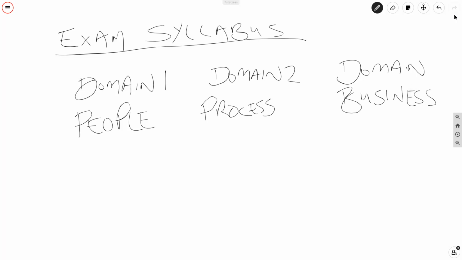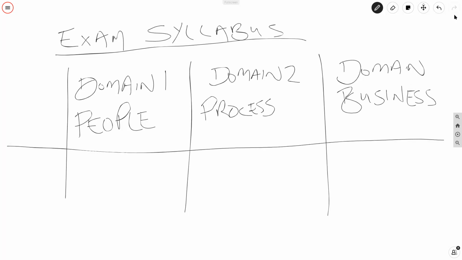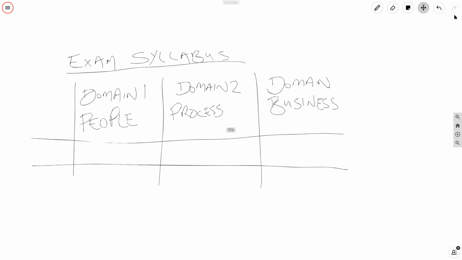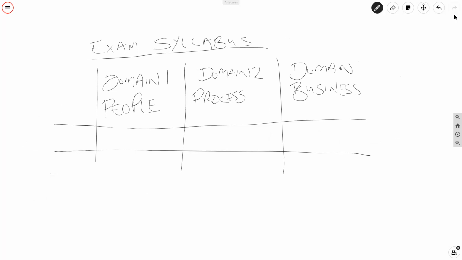There is no mention of people, process, business in the PMBOK guide or in the Agile practice guide, but you can map every single one of these to a chapter or section in the PMBOK guide or the Agile practice guide.